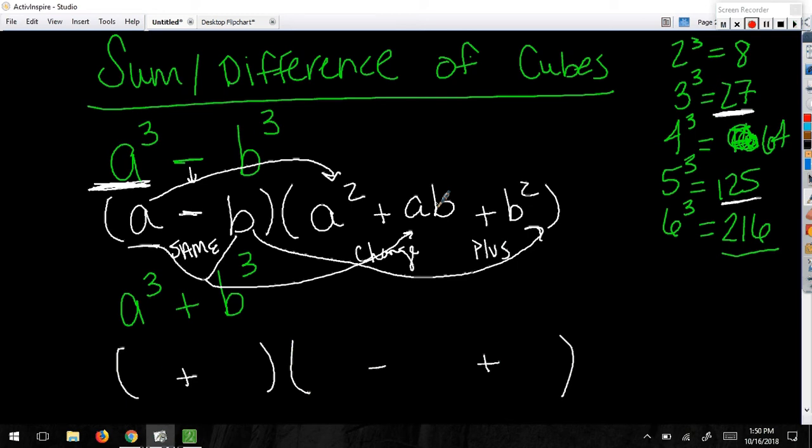Same, change, plus, and then you use this first parenthesis to write the other. You can do either.